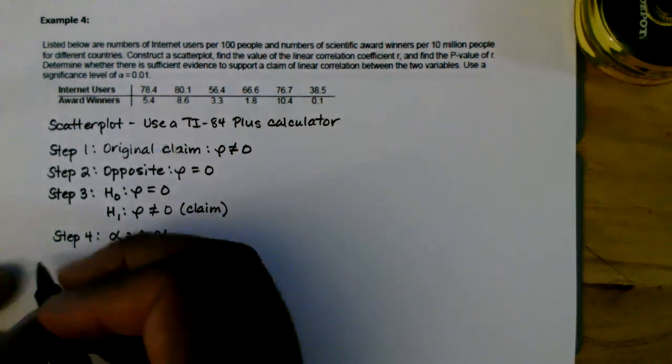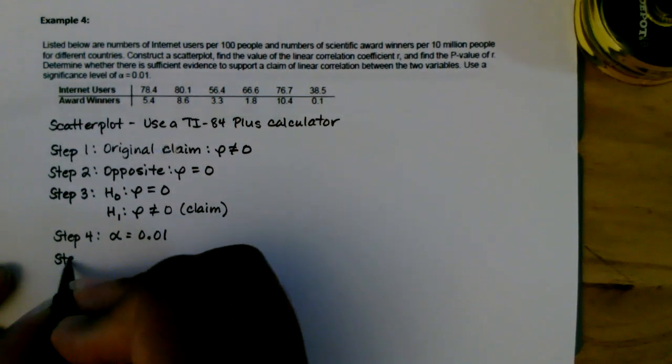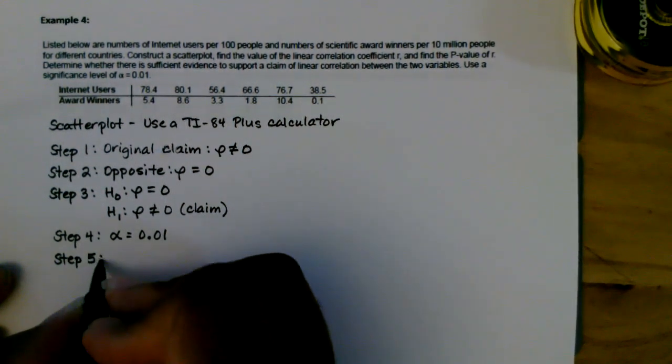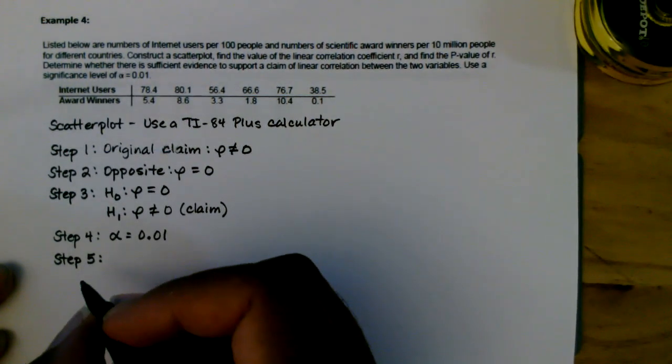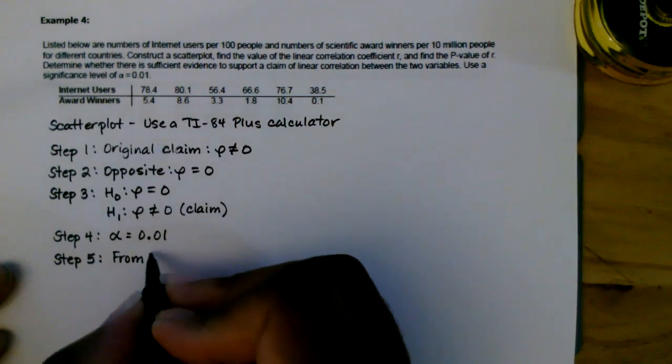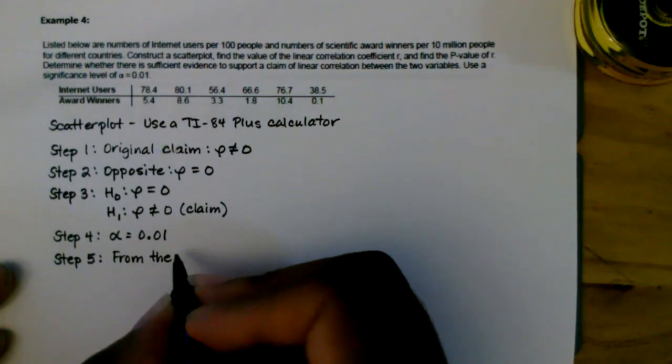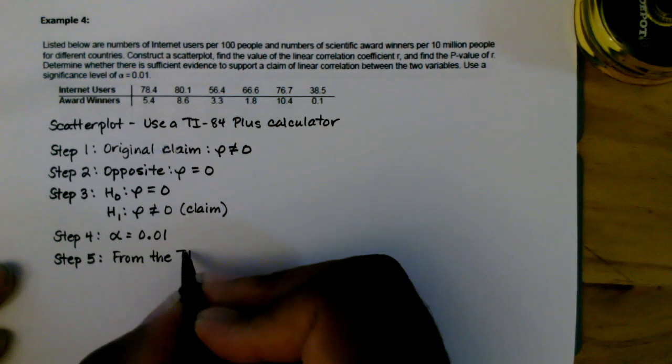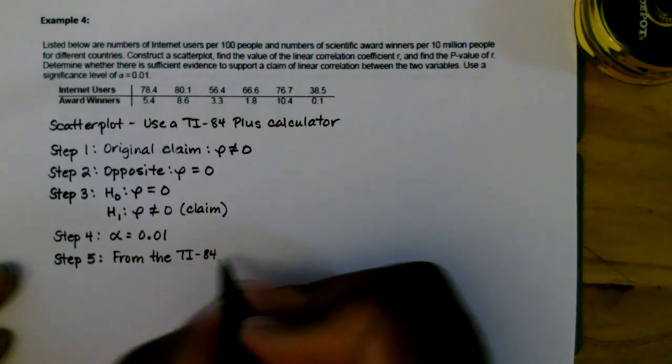All right, and then step number 5 is this. I'm going to use the TI-84 plus calculator to get my linear correlation coefficient, which is the test statistic.